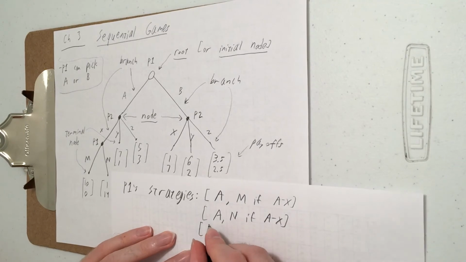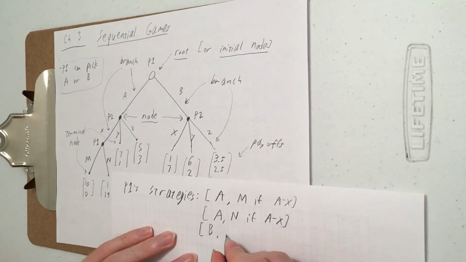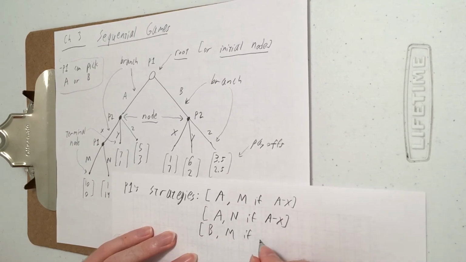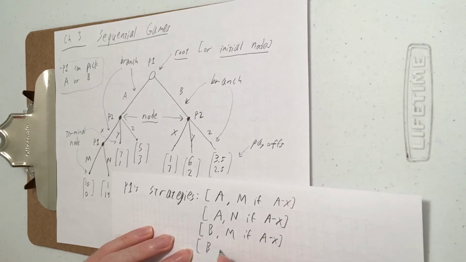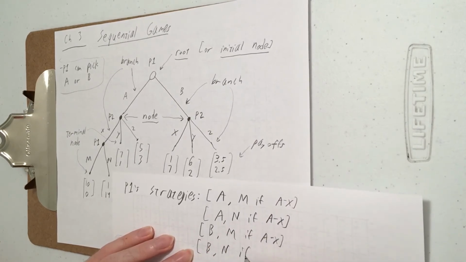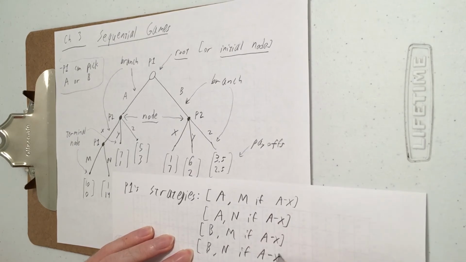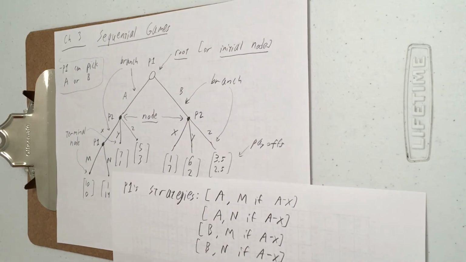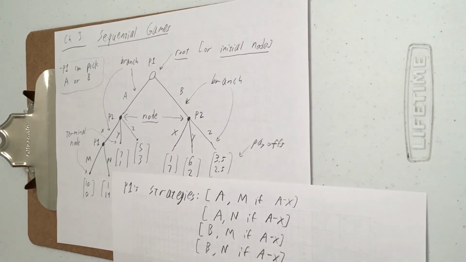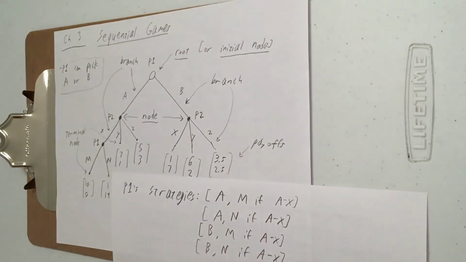Keep rotating through, there's also B, and then M if AX, B, N if AX. So now I've exhausted all the possibilities. So player 1 has 4 strategies.